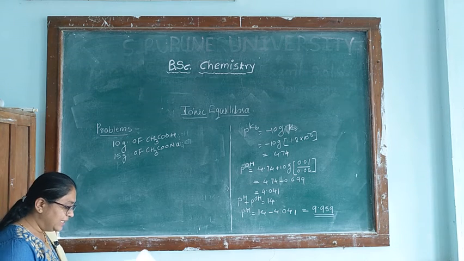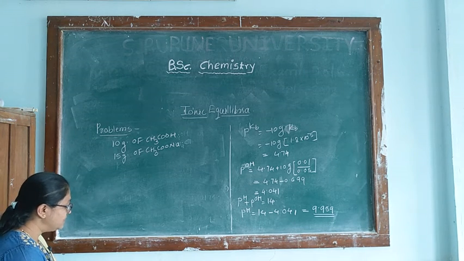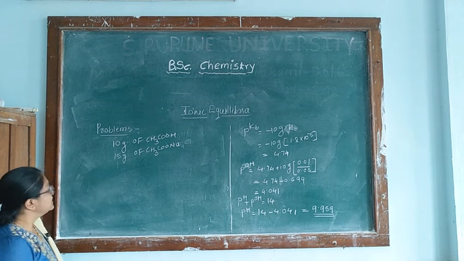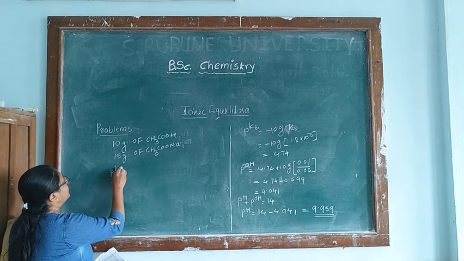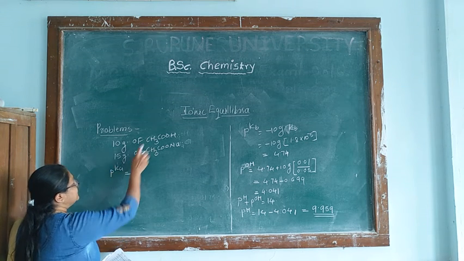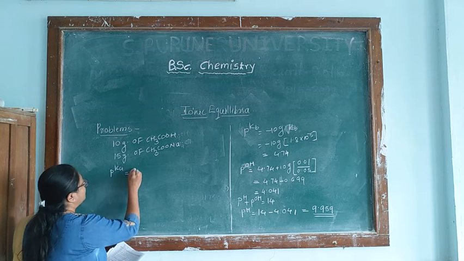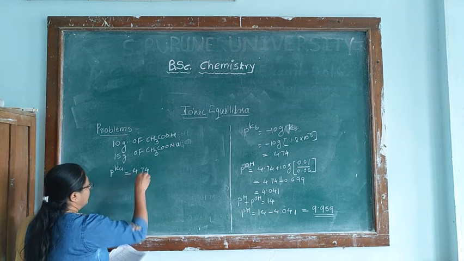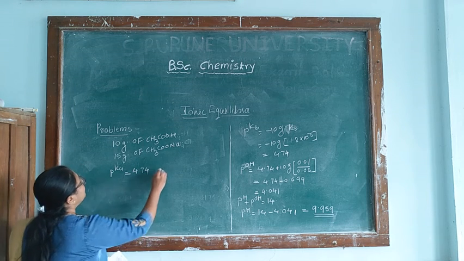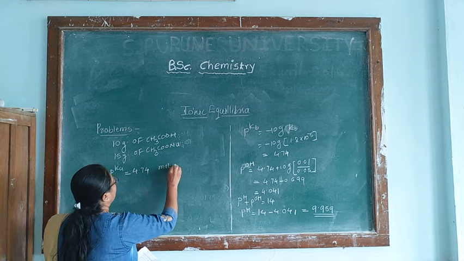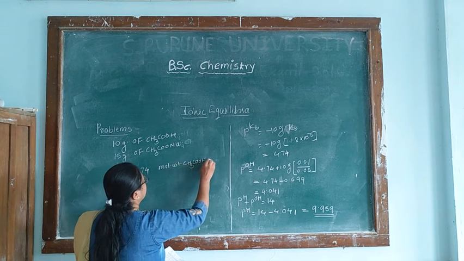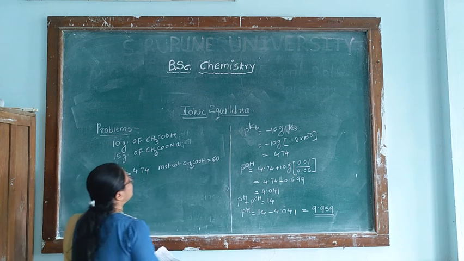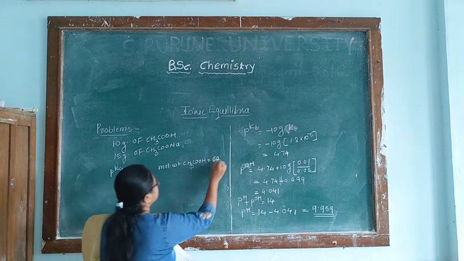Now we will calculate the pH therefore. Now see, some of the data is given here. The value of pKa of acetic acid given is 4.74. Then the molecular weight of acetic acid given is 60 grams per mole.